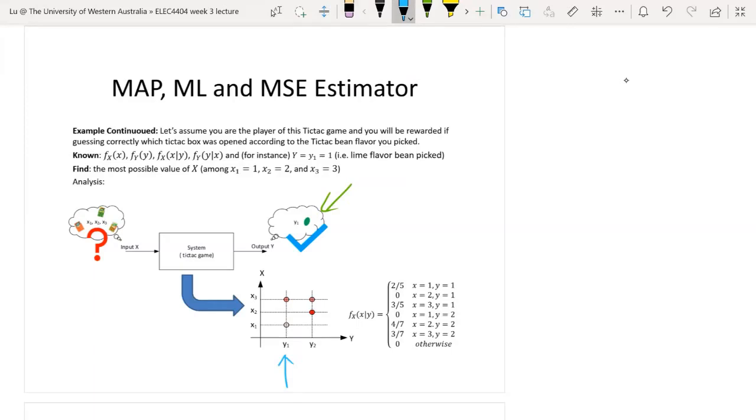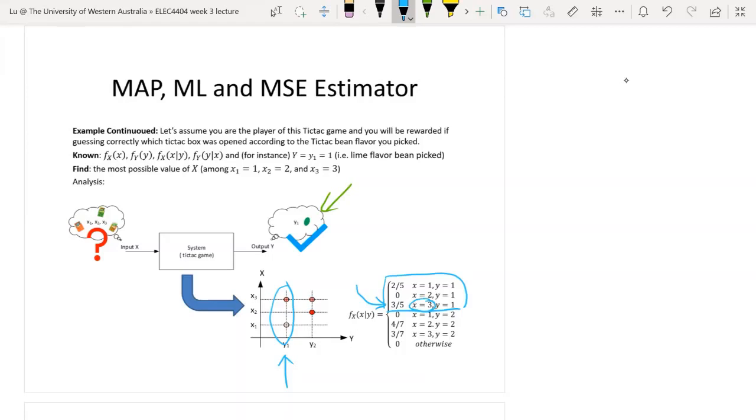Now, in this y1 value, there are 2 dots only. And which one is the most likely pack you picked? Of course, you want to select the maximum probability one. So out of these 3 entries, you need to pick up the one with the maximum probability, which is the x equal to 3 case.